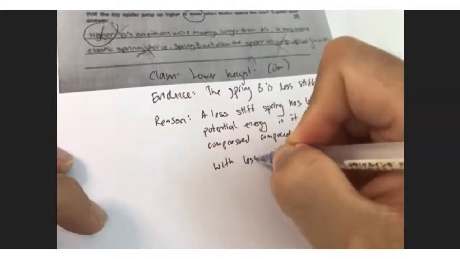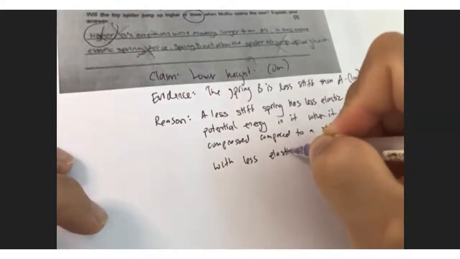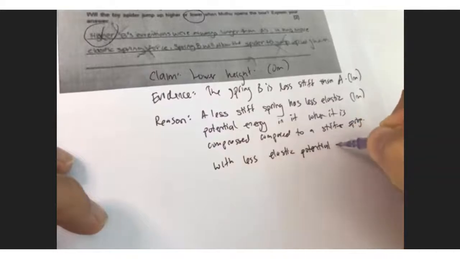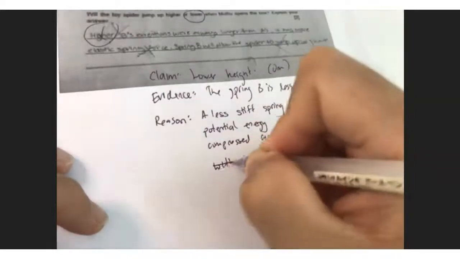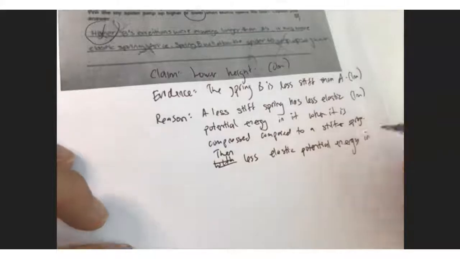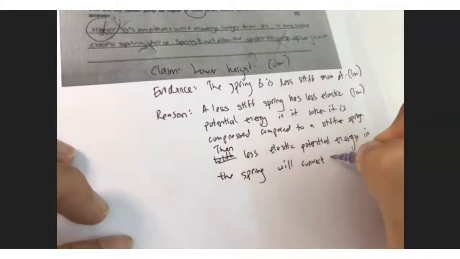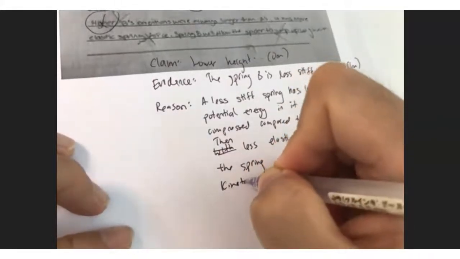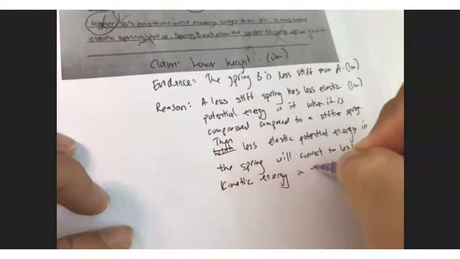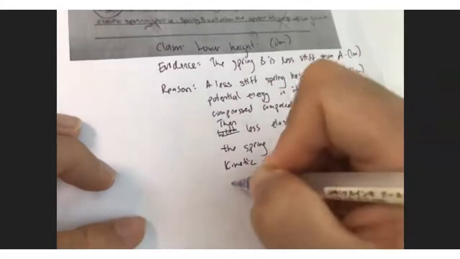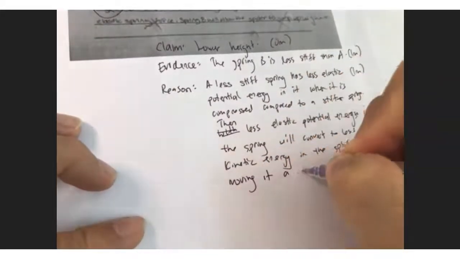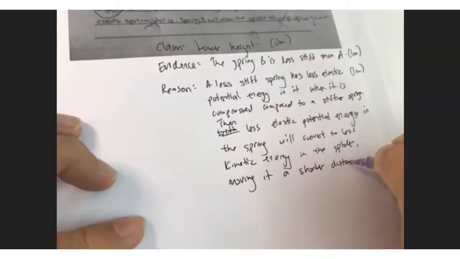I want to bulletproof my answer. So what does it mean here? With less elastic potential energy, okay, I will just change it to the less elastic potential energy in the spring will convert to less kinetic energy in the spider, moving it a shorter distance upwards, which explains the lower height.